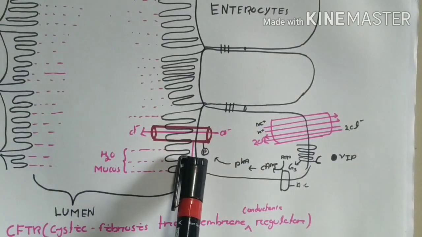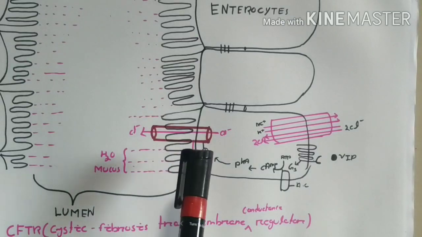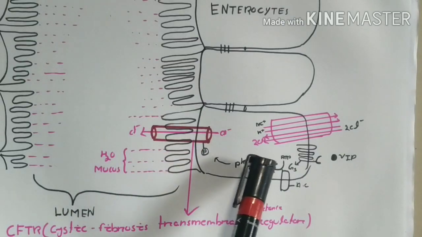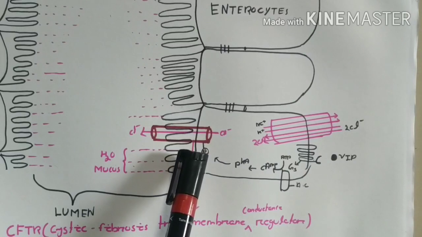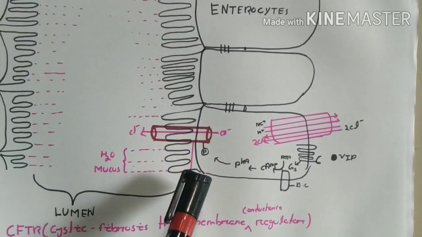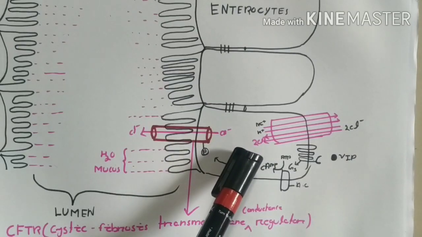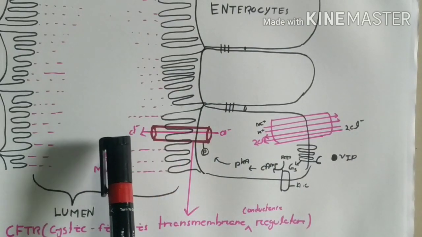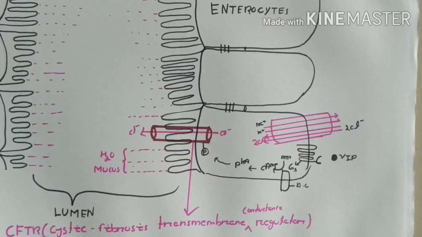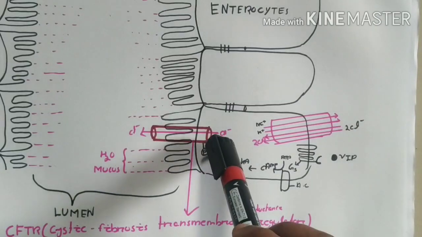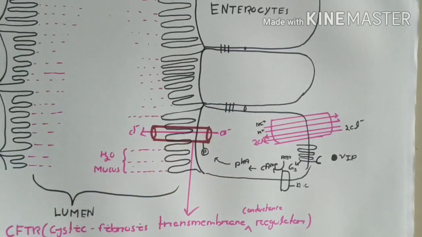The phosphorylated CFTR transporter can transport the chloride ion from the enterocyte to the lumen of the intestine. This chloride ion has a property, that is, it acts as an osmotic agent.